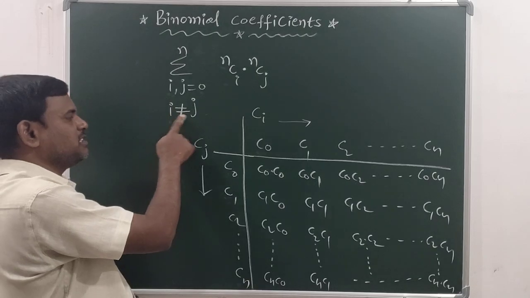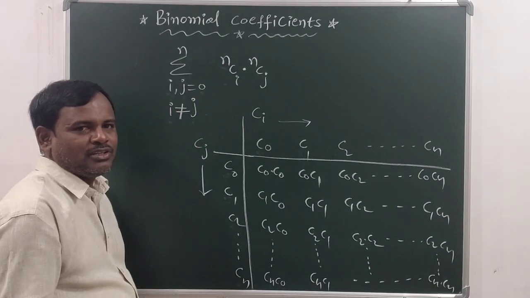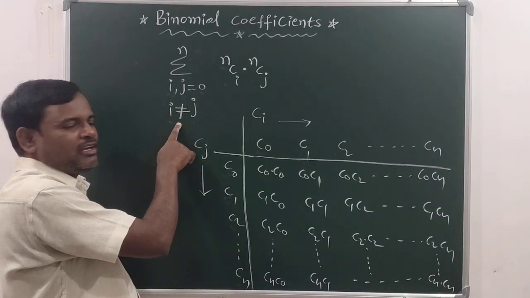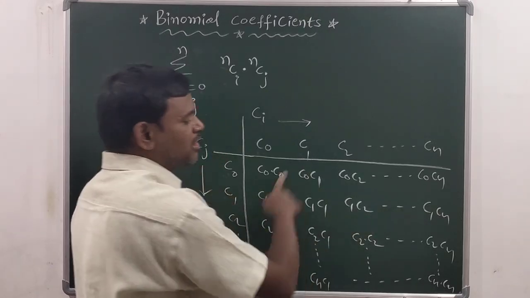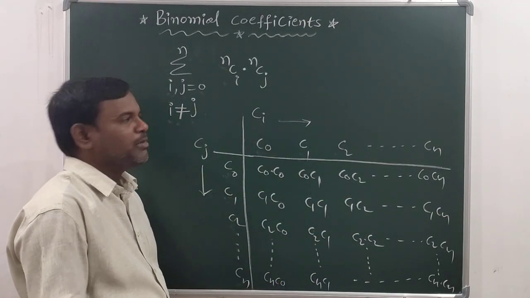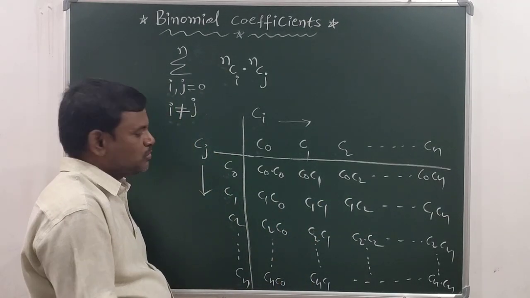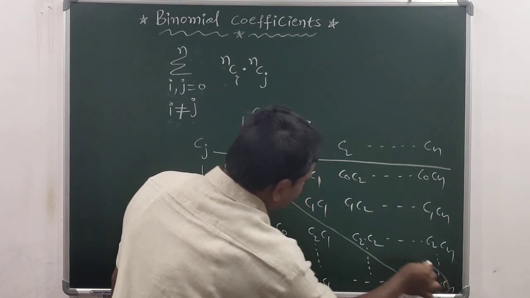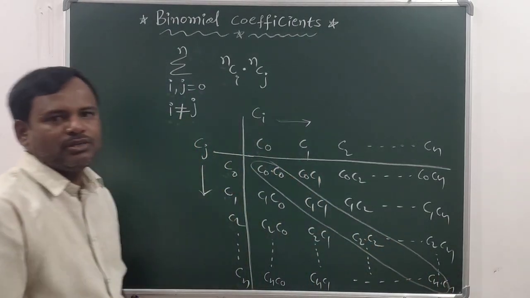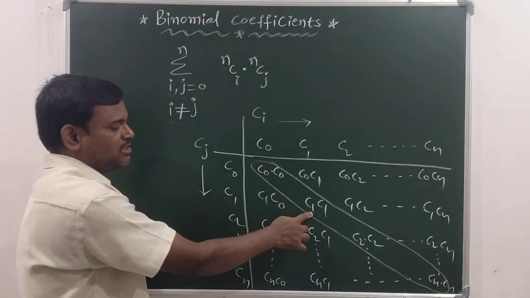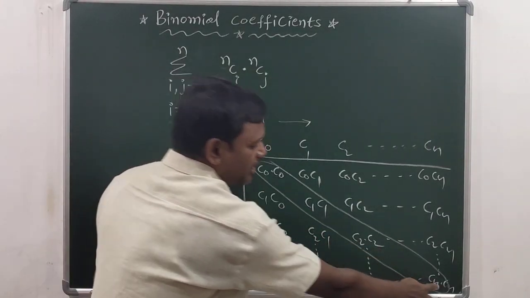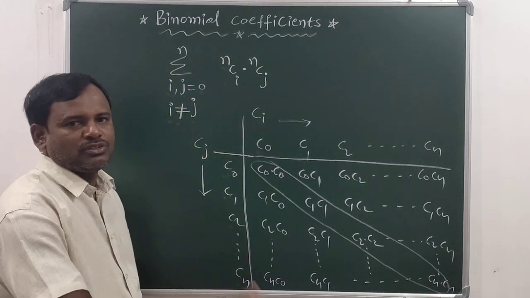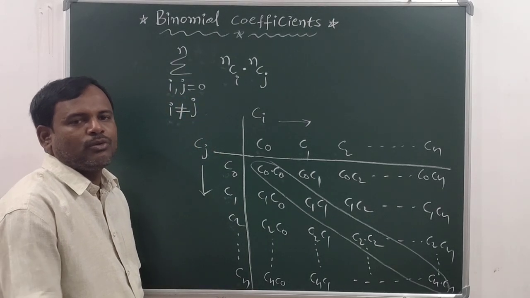But here one condition is given, i is not equal to j. If i equals j, all those possibilities' sum we would find, but here i is not equal to j. So we don't want those in which i is equal to j, no? Here C0 C0, C1 C1, i equal to j. Those possibilities' sum we don't want.